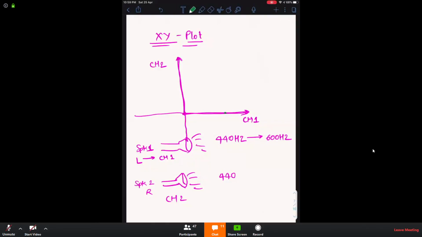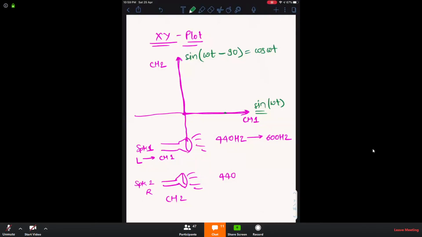Suppose in one channel you are giving a sine wave, sine omega t, and in the other you give another sine wave with a phase shift, omega t minus 90. If one signal is sine and the other is sine but 90-degree phase shifted, then you get cos omega t.